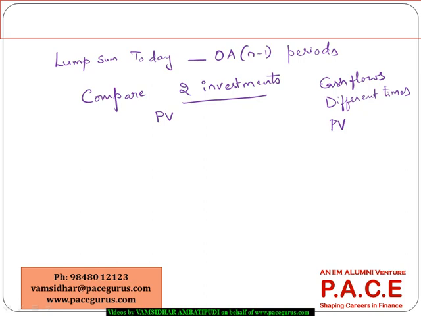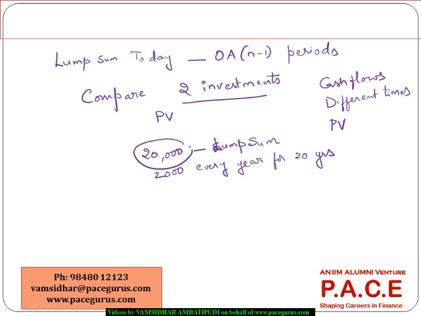For example, I want to evaluate whether getting 20,000 bucks as a lump sum today is better, or 2,000 every year for 20 years. Which one of these two is appropriate?